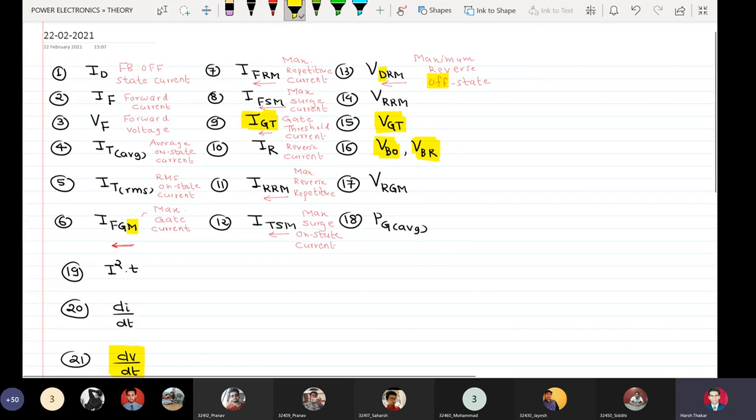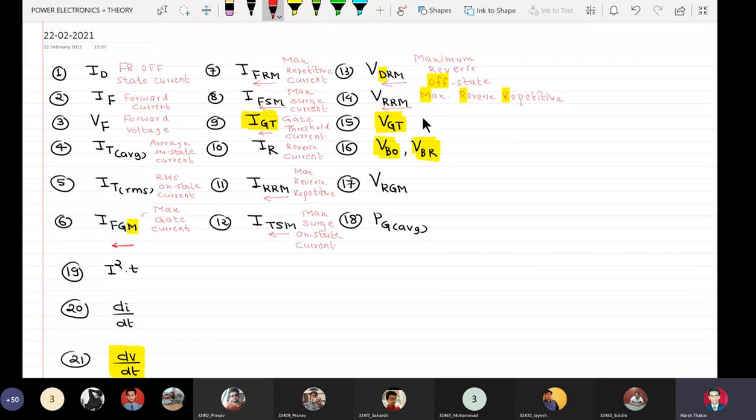VRRM, as usual, again right to left, maximum reverse repetitive. Again, so maximum reverse repetitive, VRRM.